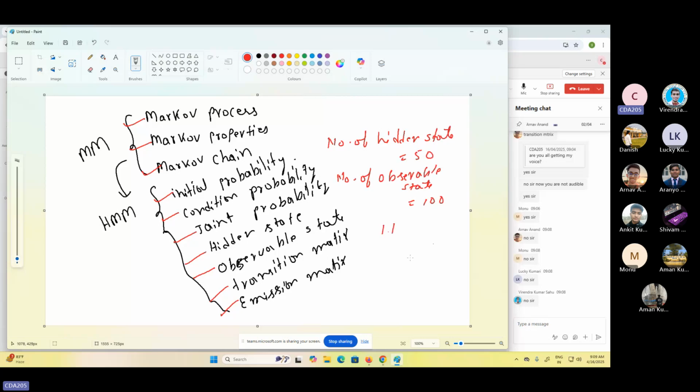That is N to the power T. N is the number of hidden states, T is the number of observable states. So it is 50 to the power 100. These are the possibilities.